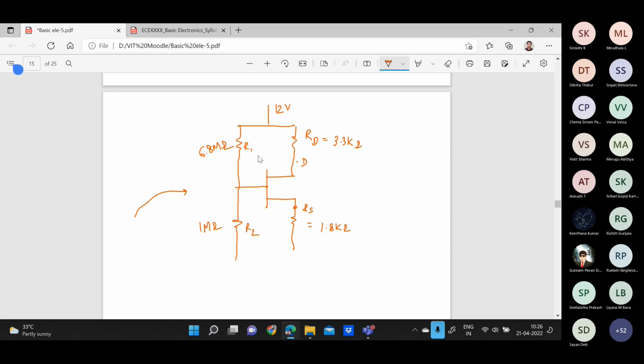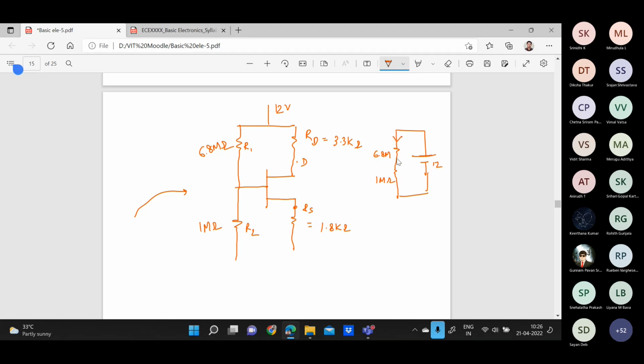This is R2. If you have resistances like this and you apply 12 volt here, with a 6.8 mega ohm and a 1 mega ohm resistance, the current is the same because they are connected in series.